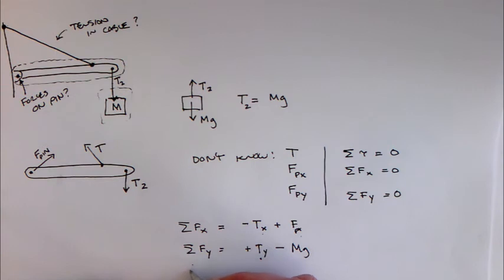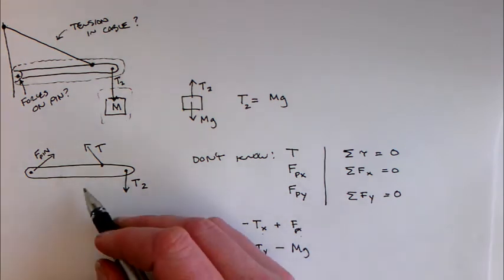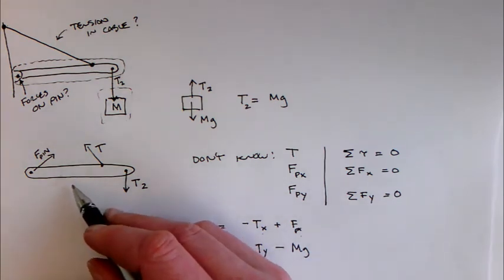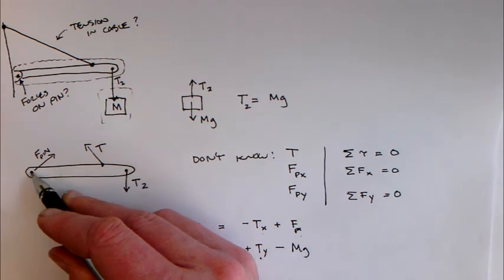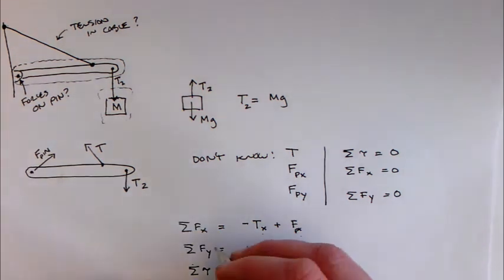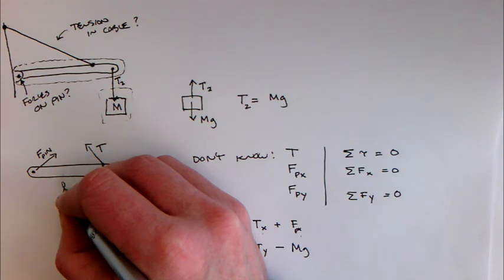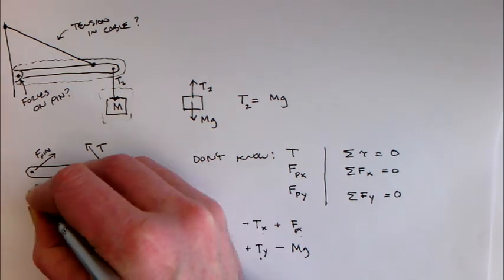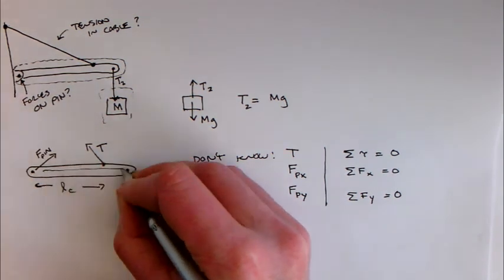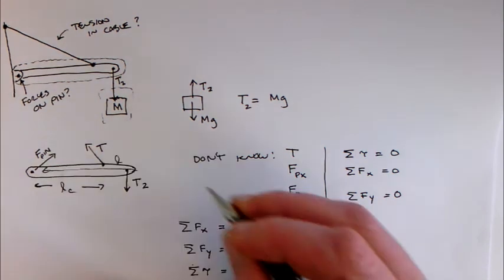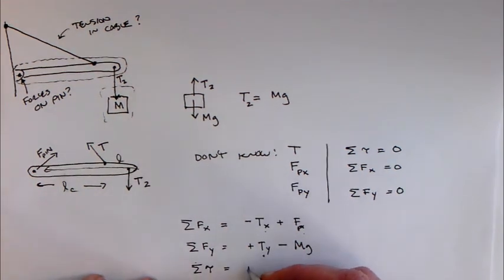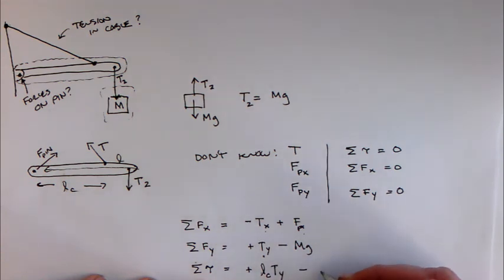And finally, if I were to take a sum of torques, well, probably the easiest point to calculate the sum of torques about would be the pin. In this case, that would give me whatever this distance is. So let's call it L sub c for the cable distance, and this is L, right? So the sum of torques would be plus L sub c times the y component of the tension minus L times mg.